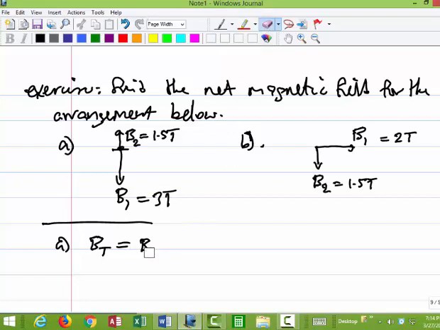So we can have B2 minus B1, which is equal to 1.5 Tesla minus 3 Tesla. So this will be equal to negative 1.5 Tesla. Think of magnetic fields the same way as we think of vectors.